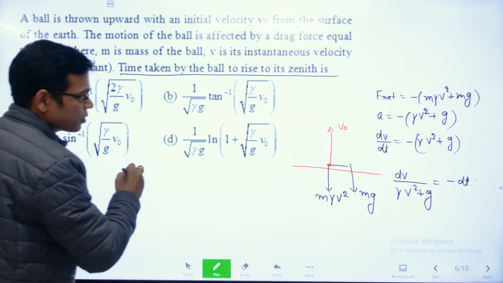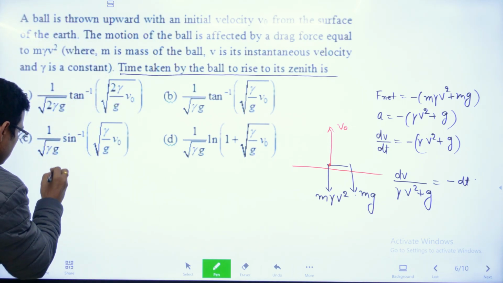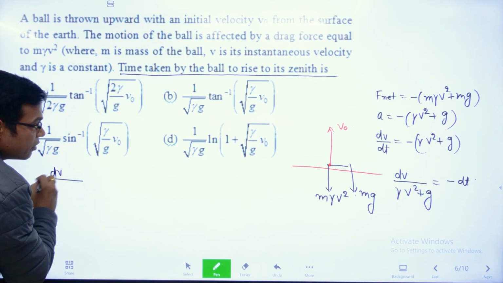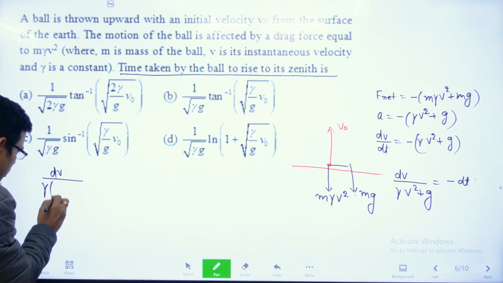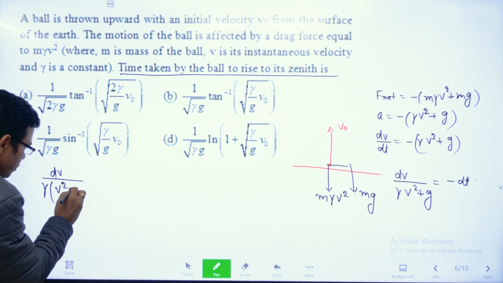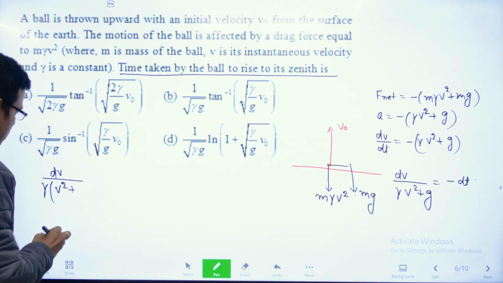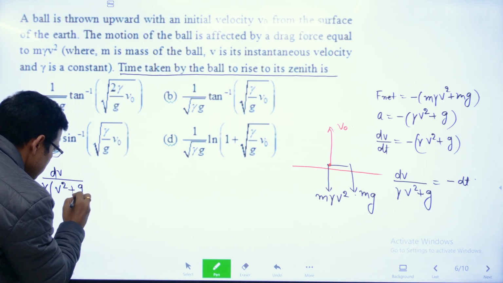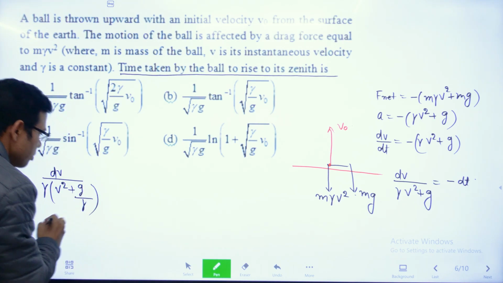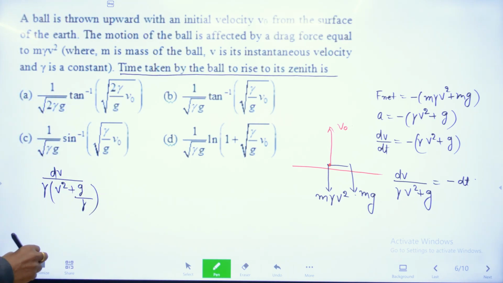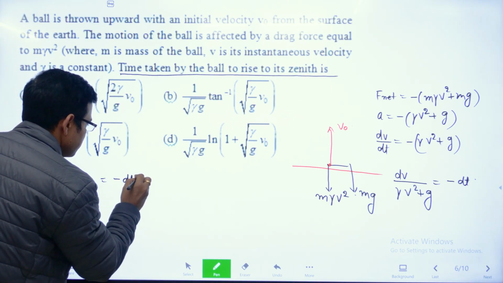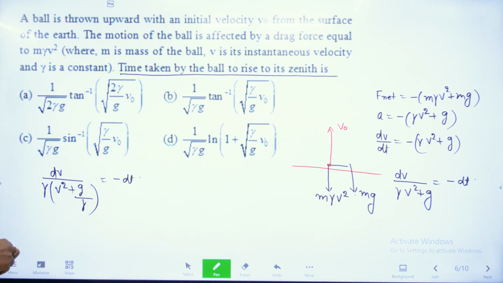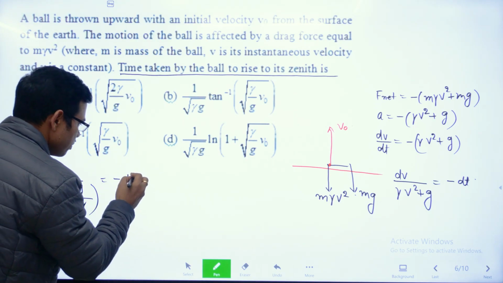We take gamma as the common, so dv divided by v square plus g divided by gamma is equal to minus dt.